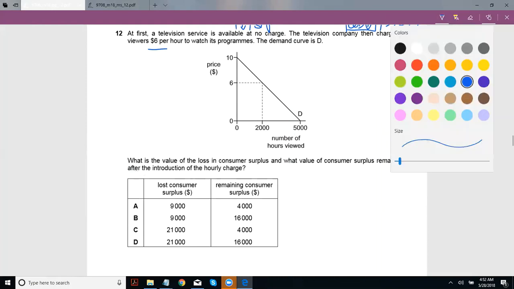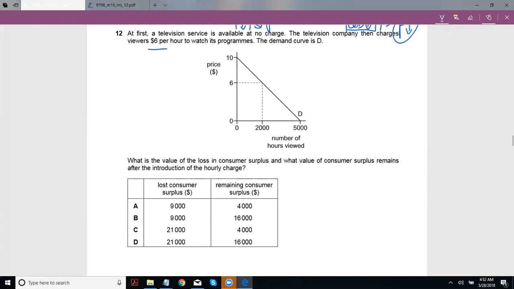So understand, first you had this entire rectangle, because if the price was 0, you're going to be watching 5,000, and your consumer surplus is the area above your price level, which is 0 in this case, and below the demand curve. So that is your initial consumer surplus.